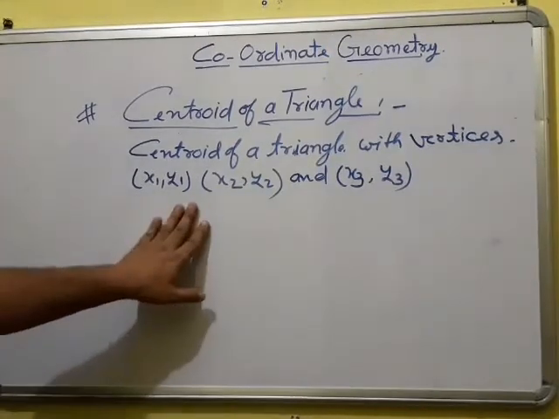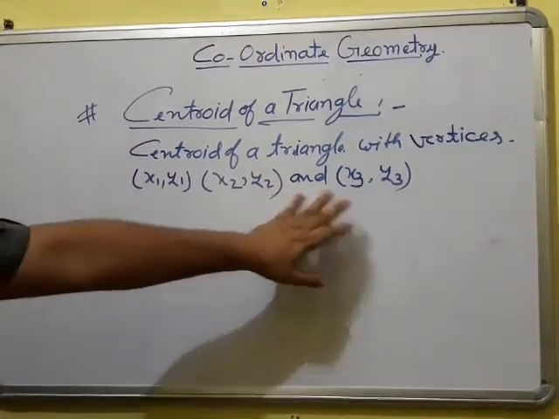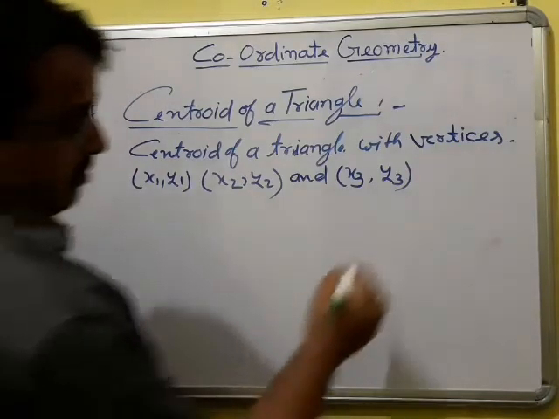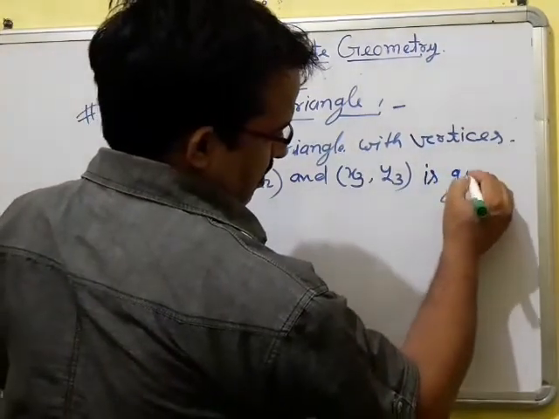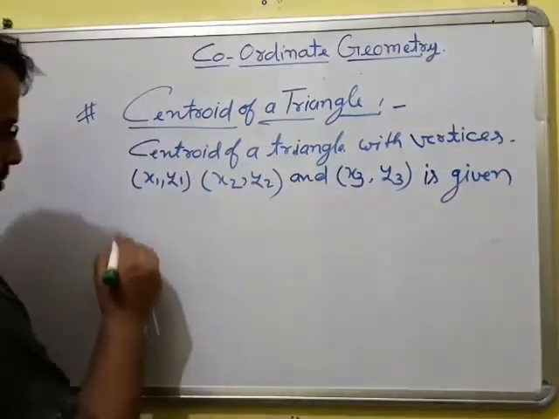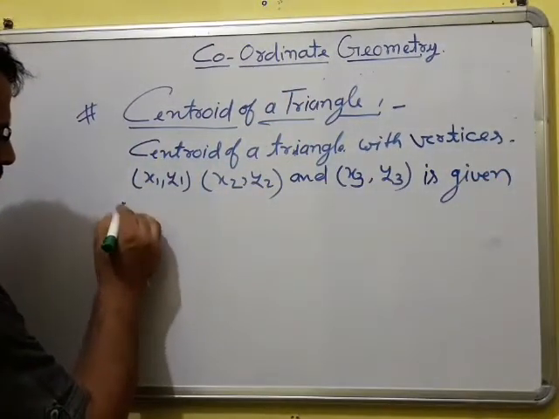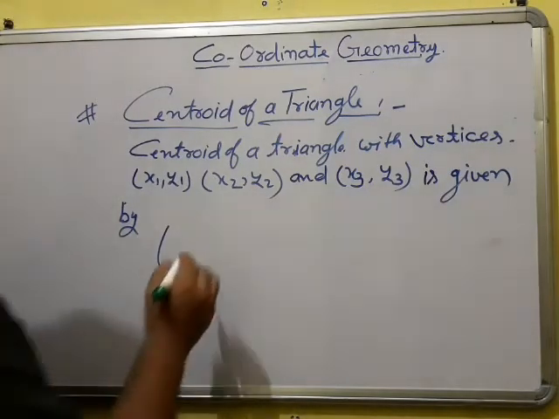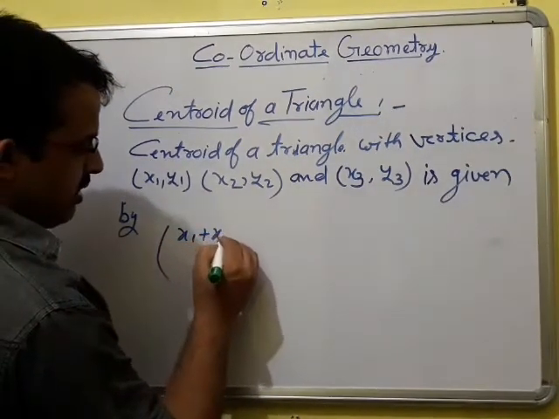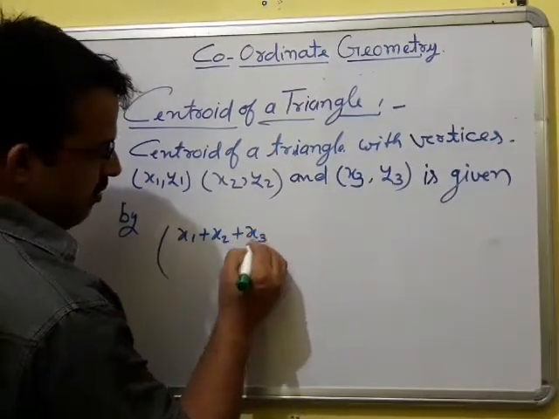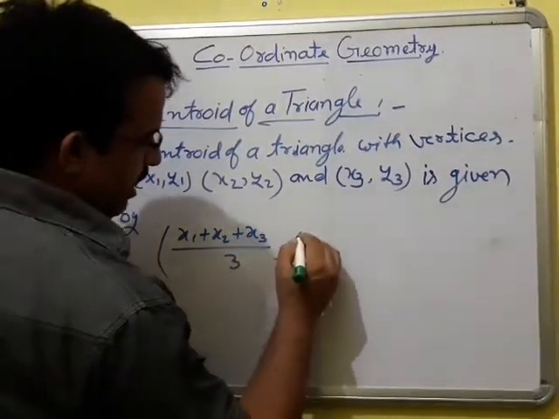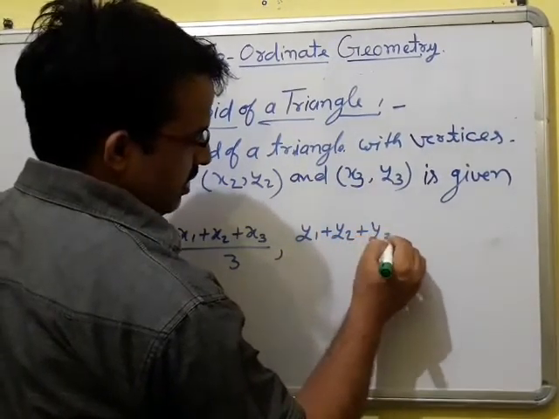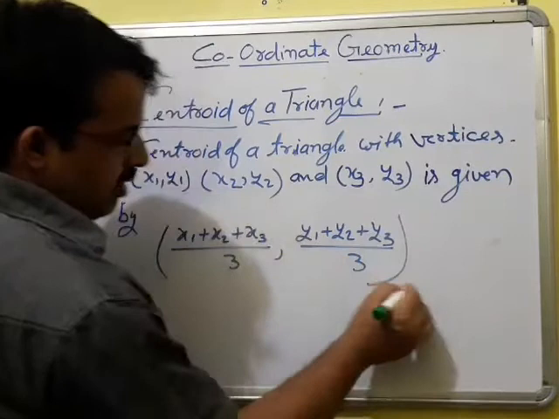So the centroid of x1 y1, x2 y2 and x3 y3 is given by (x1 plus x2 plus x3) by 3 and (y1 plus y2 plus y3) by 3. Clear?